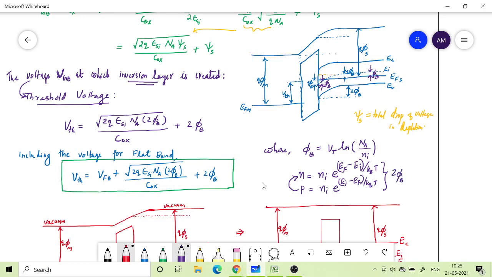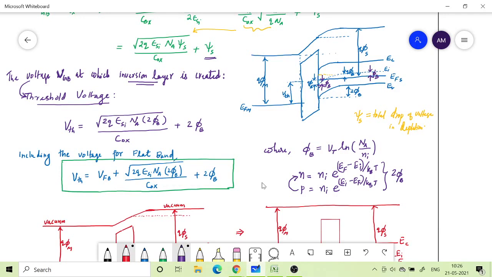One phi b drop corresponds to making it intrinsic, and then one more phi b of bending will make it n-type. So psi s becomes 2 phi b, and phi b we can write as phi b equals Vt ln Na by Ni.